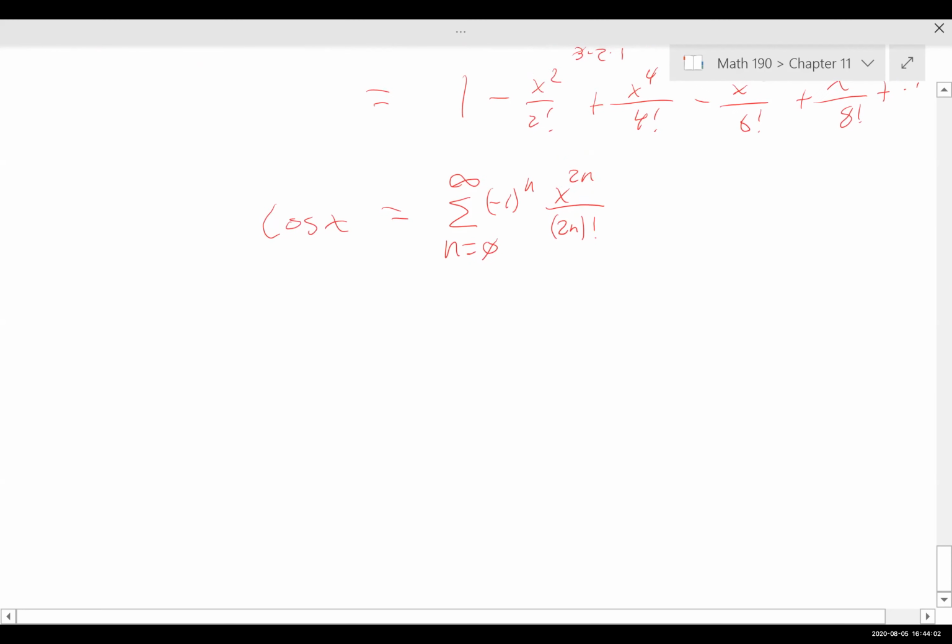To sum this up, what was the sine of x? The sine of x was the odds.